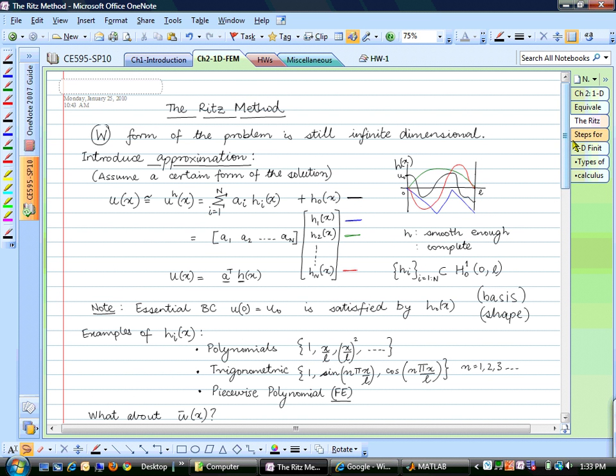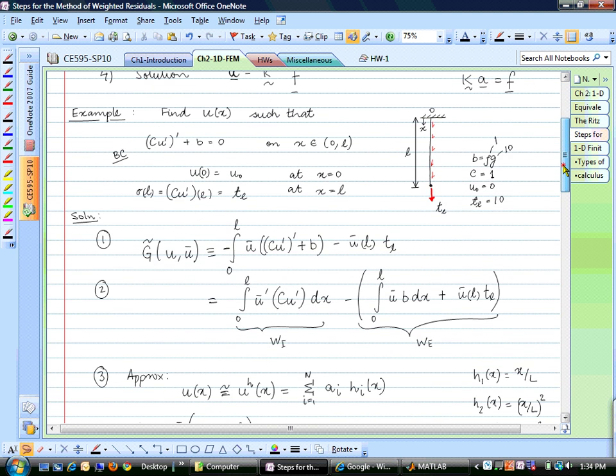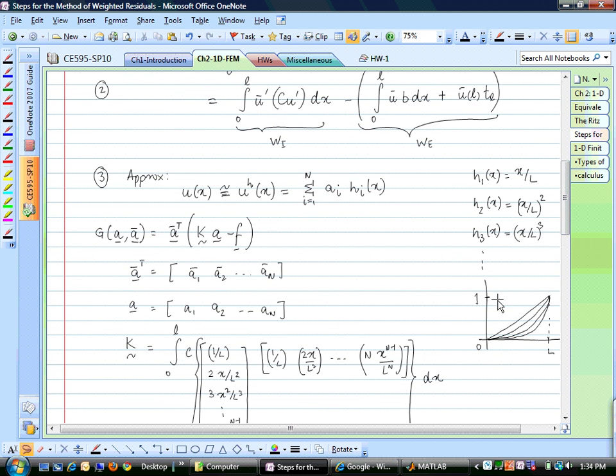And then finally we started to take a look at this example last time. In this example, we said that the functions that we are going to choose are these polynomial functions.